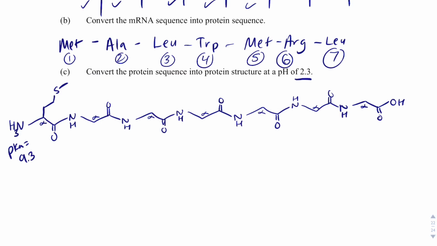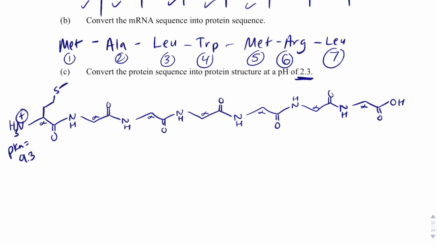So that means we're below that. If we're below it, the H stays on, so we have NH3. If we were at a pH of 9.4, this would be H2N. So that H would be removed.